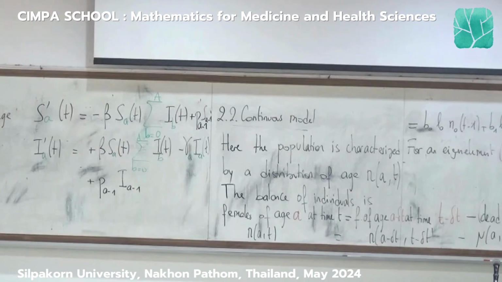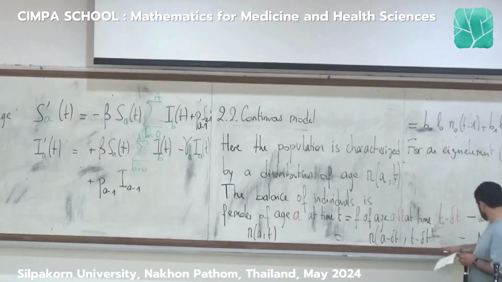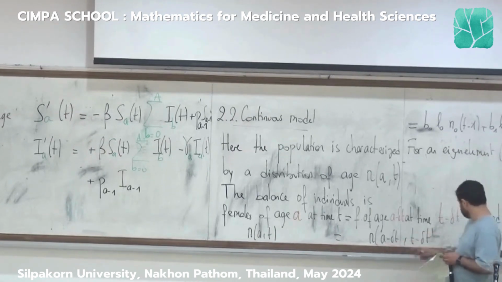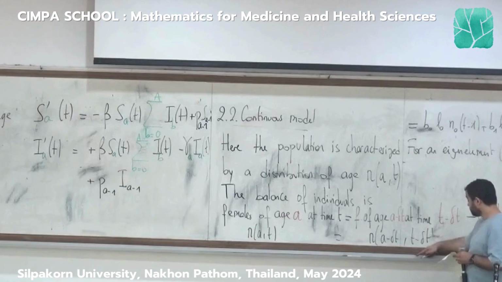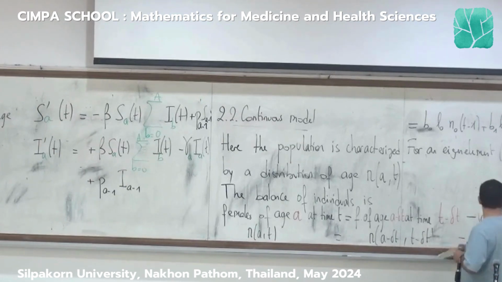So what I want to do is make delta t go to 0. But you have to be careful because you have delta t every time. Let's write this again.